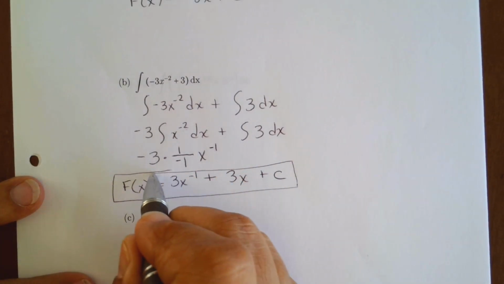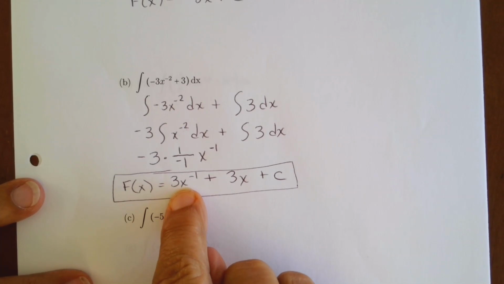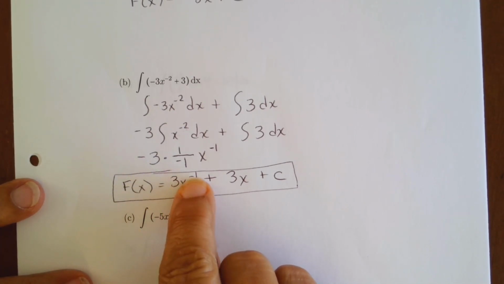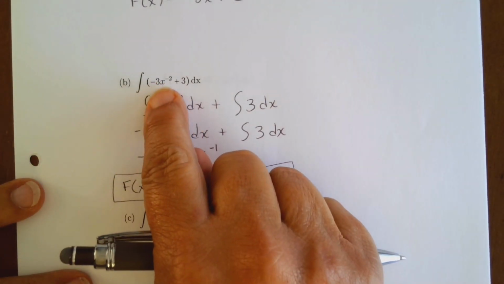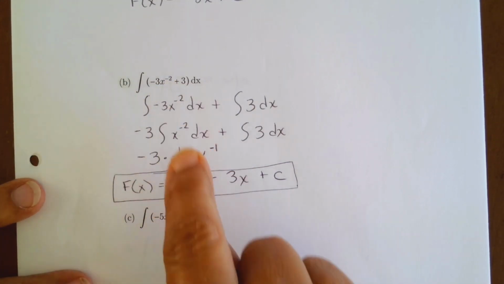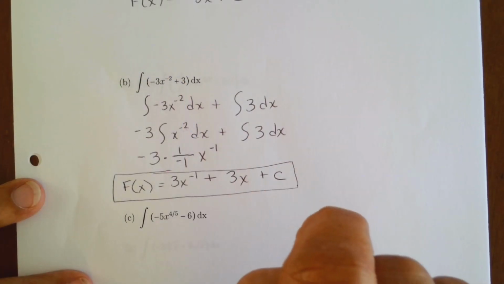Now think about it. What I love about these problems is you can go backwards. What would have been the derivative of this? Derivative. Negative 1 times 3 is negative 3. Subtract 1, we get x to negative 2. So negative 3x to the negative 2. What's the derivative of this? Derivative of 3x is 3. So this is the function, this is the derivative. Okay, we're going backwards.